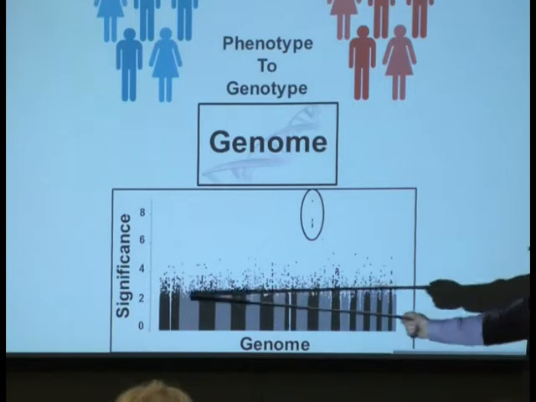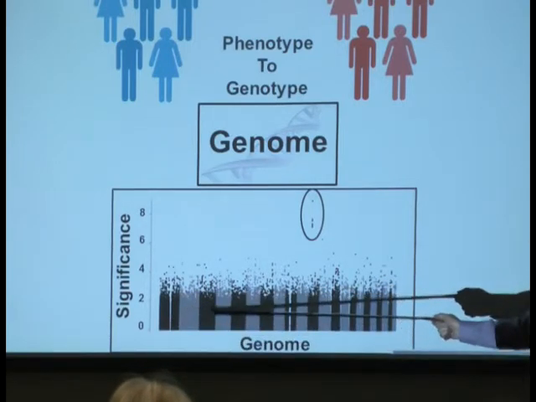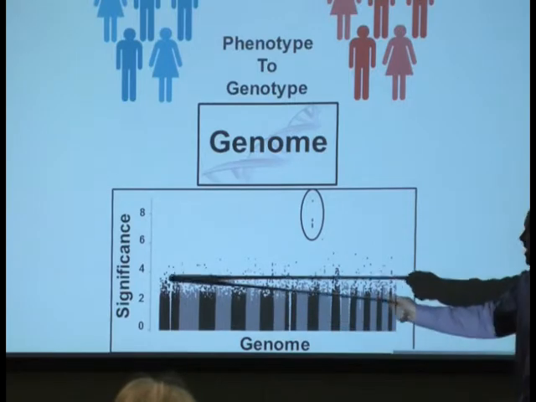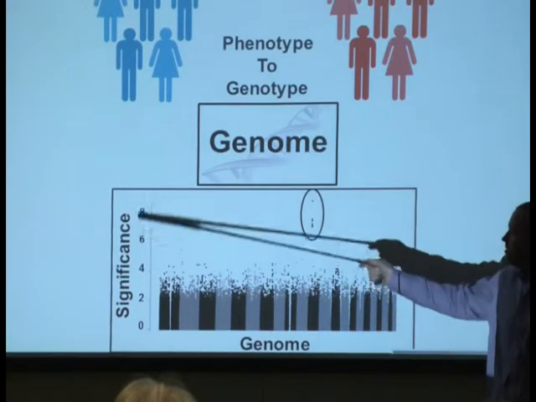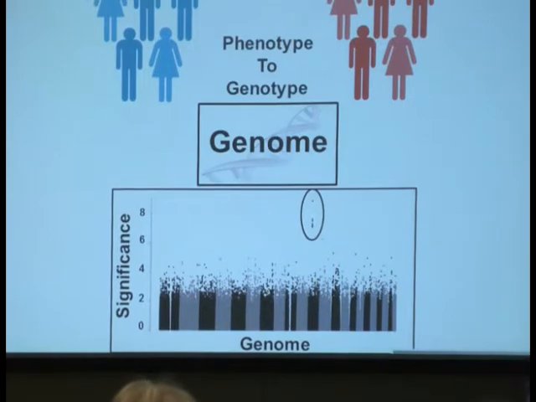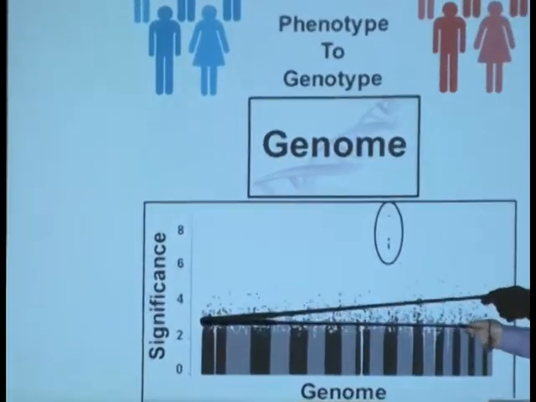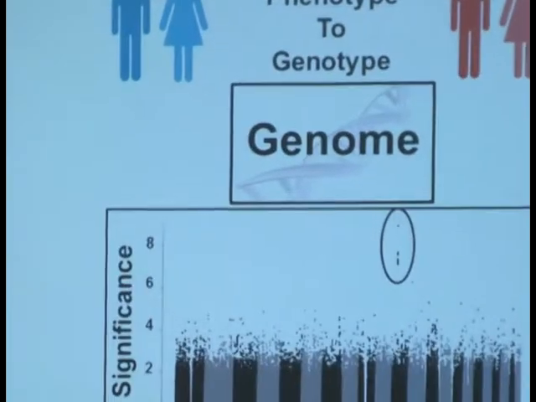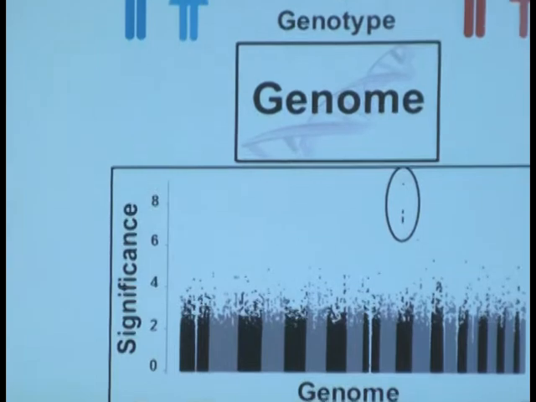And this is called the Manhattan plot. This represents the genome. Each one of these different colors represents a chromosome, and each one of these data points represents an individual genetic marker that's being measured in this genome-wide association study. And then on the vertical axis, we have significance. So again, we measure the first genetic marker and see if the frequencies are different between cases and controls, so we get a significance level, and then we move on to the next one.